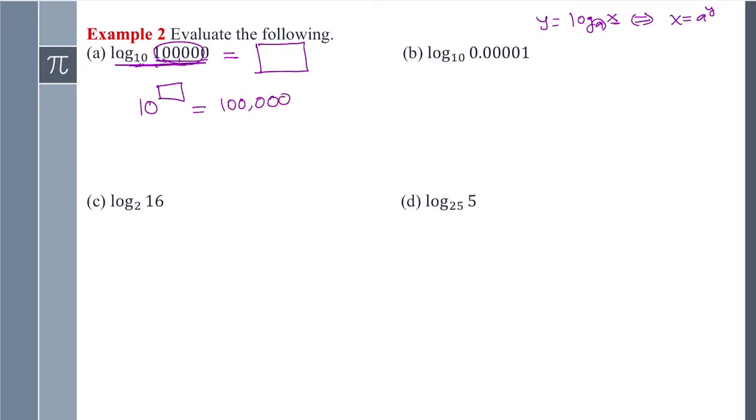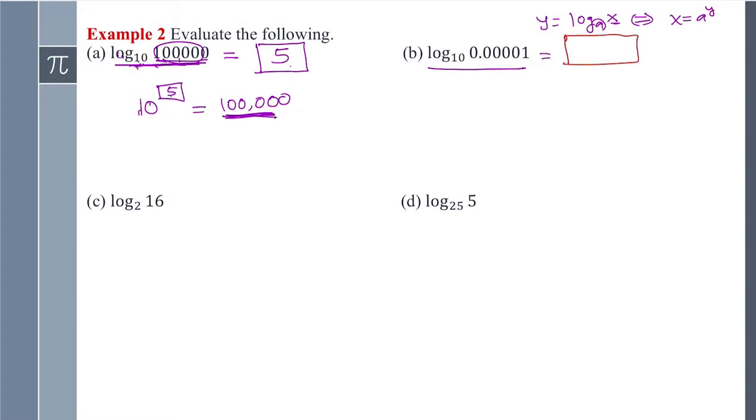So 10 raised to what power gives us this one? We know that 10 raised to 5 gives us 100,000. So log base 10 of 100,000 is 5. Similarly here, what does this log equal?